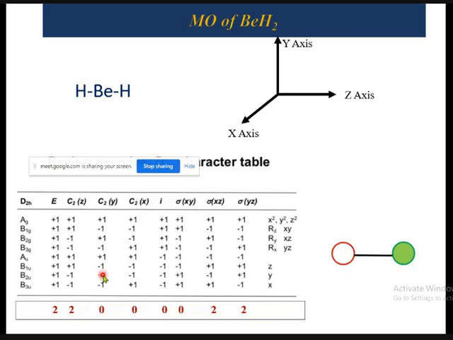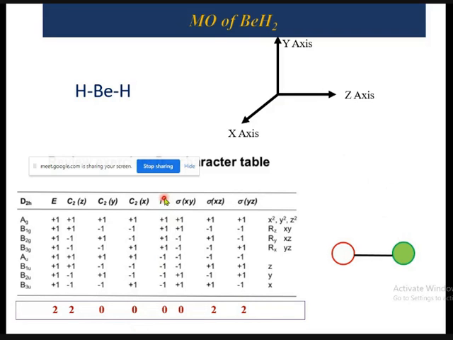No. That's why I have mentioned the contribution is 2. What about C2 y? See, the Y axis is perpendicular to the XZ plane. So C2 is going to pass through this particular point, this one, right? In that case, green will occupy the red one and the red one will occupy the green one. That's why the contribution will be 0. The same thing applies with respect to C2 x. That's why I have written 0 here.